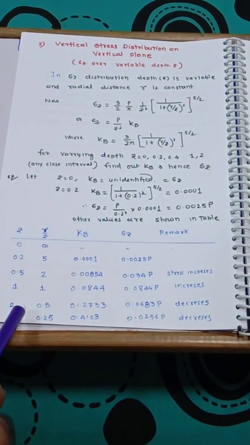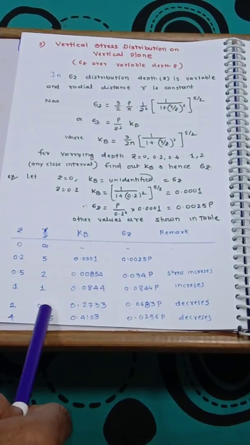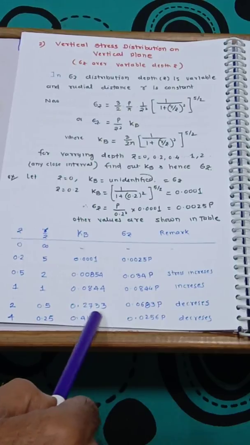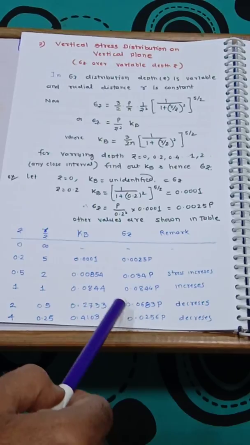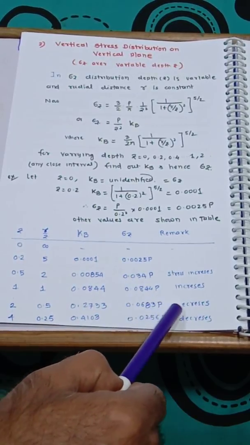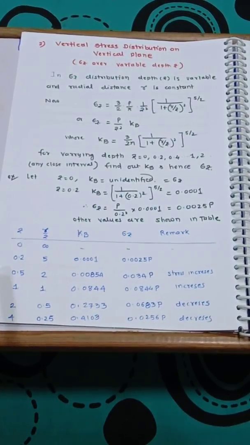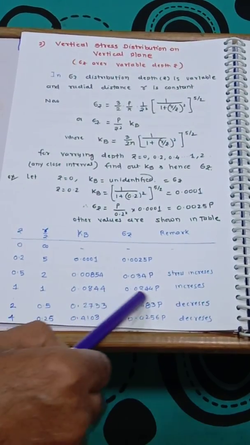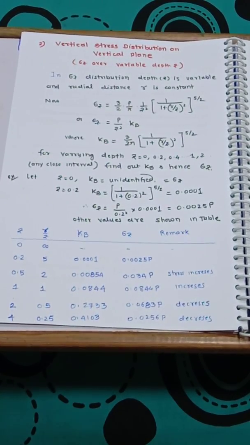0.0844. Now I go a little downward to z equal to 2, so r by z is 0.5. Again substitute in the Kb value and find the sigma z value. Here, what happened? First it was increasing, now it decreases. So there is some value between z equal to 1 and 2 where there is a maximum. We'll find this out after completing the remaining calculations.